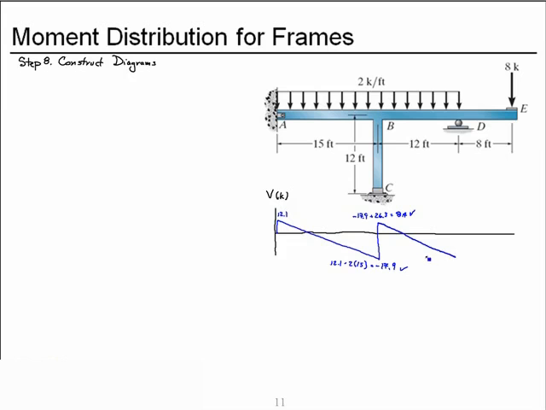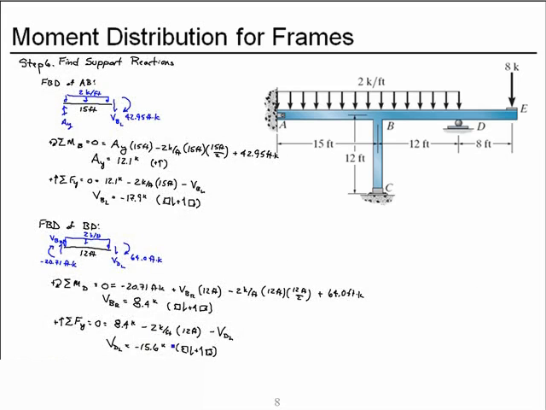where we have the 8.4 minus the 2 kips per foot times the 12 feet gives us a shear of negative 15.6 kips just to the left of D, which is consistent with what we calculated previously.